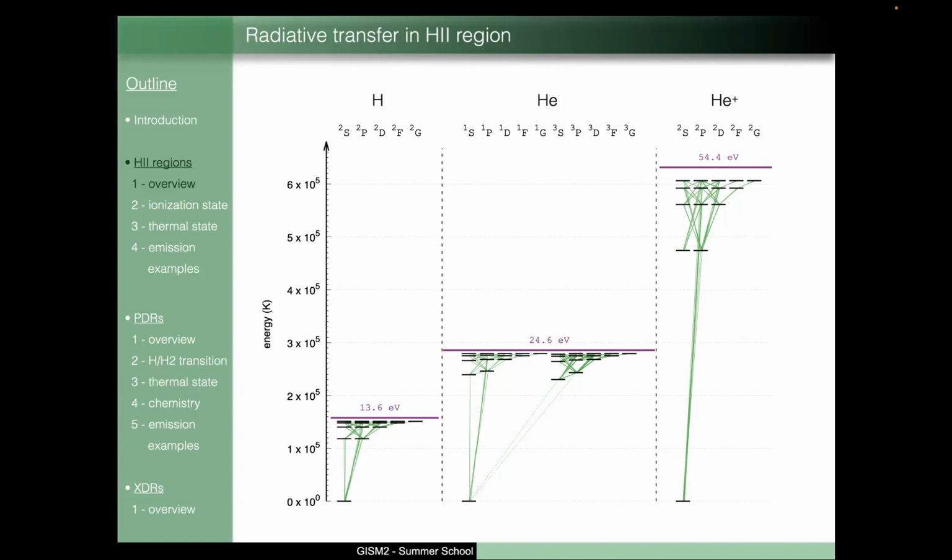So the conclusion here is that there are sources of non-local coupling in H II regions, and these sources are linked to the energetic structure of the different atoms. What we can already see here is that the nature of the coupling will depend on the radiation field that ionizes your gas.